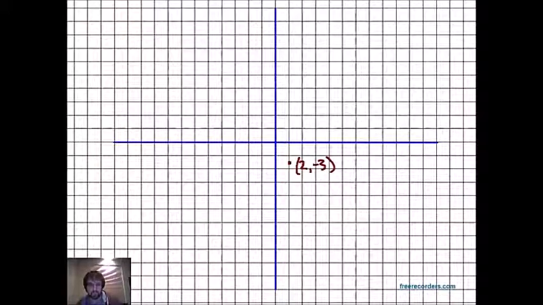So left and right 8 is going to send us over here, 2, 4, 6, 8, which we had already identified as -6, -3. And then plus 8, so 2, 4, 6, 8. This is going to get us out here at 10, -3.